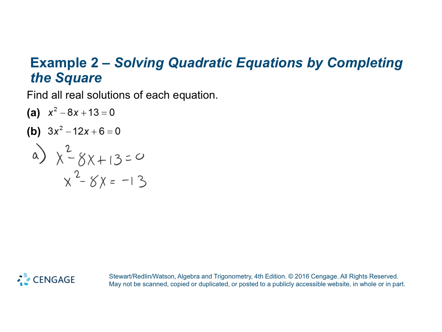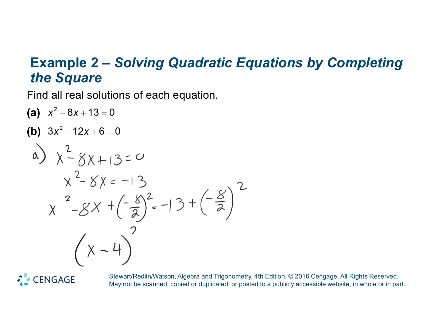Now remember, the next step, we're going to get the x squared plus the bx, which is negative 8x, plus negative 8 over 2 squared equals negative 13 plus negative 8 over 2 squared. After we do this, this is going to factor into x plus negative 8 divided by 2, which is negative 4, so I'm going to make it a negative 4.